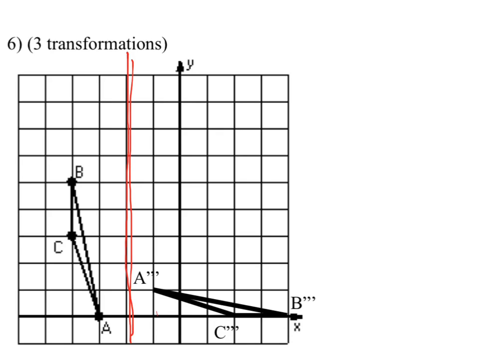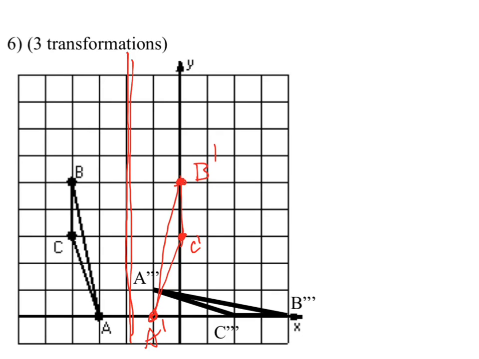So if I reflect over that line there, I'm going to get A prime there. C prime is going to be right here on the axis. And then B prime is going to be right above that. So that's that middle figure.